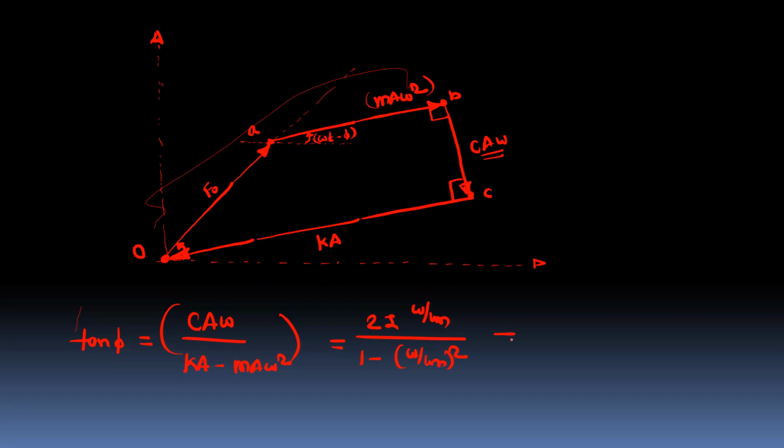Omega upon omega n we take as the frequency ratio r. So we can write this equation as 2 zeta r upon 1 minus r square. So this is tan phi.